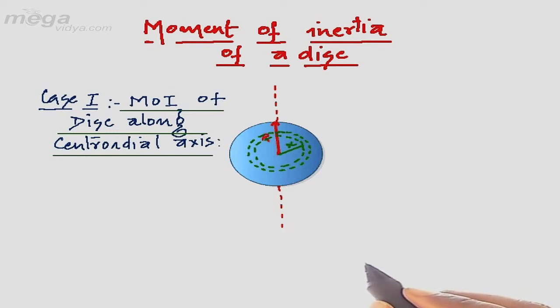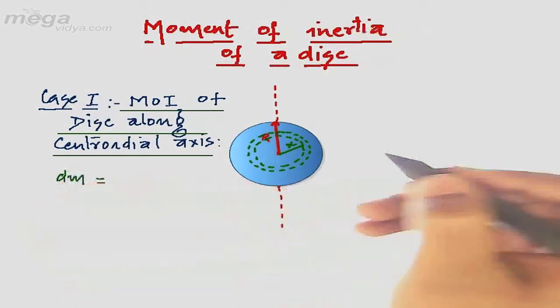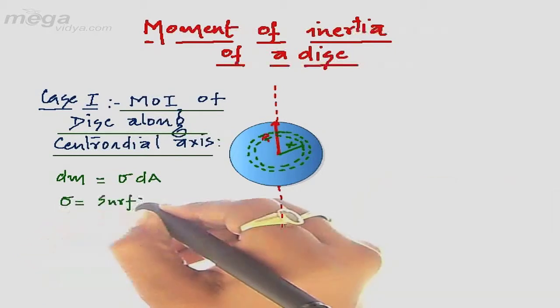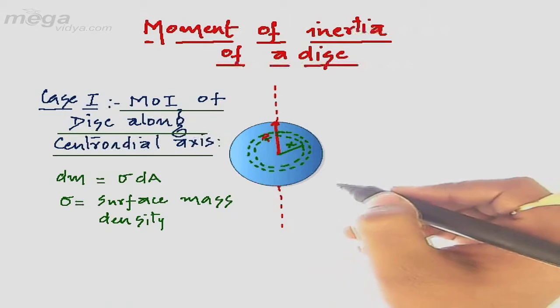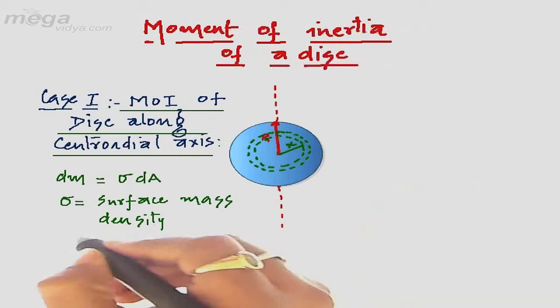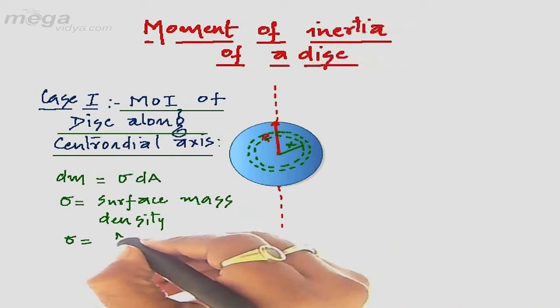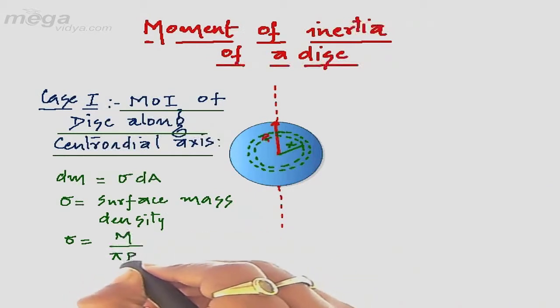In order to calculate the moment of inertia, firstly we have to calculate the mass of this elementary disk. The mass of the elementary disk is dm, which equals sigma dA, where sigma is the surface mass density, or mass per unit area. The value of sigma will be the mass of this disk, that is m, divided by the area of this disk, that is pi r square.